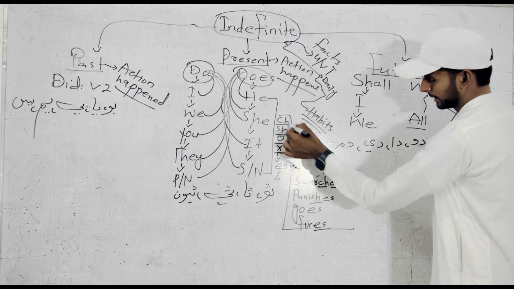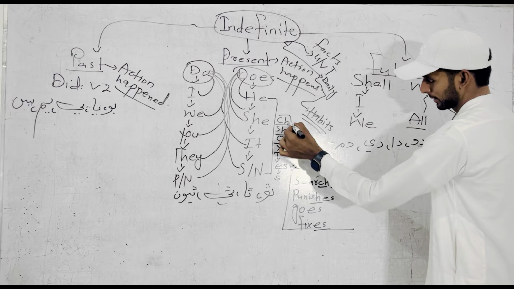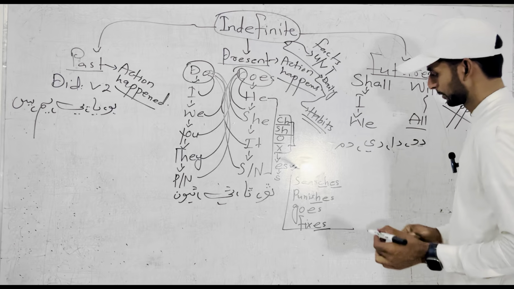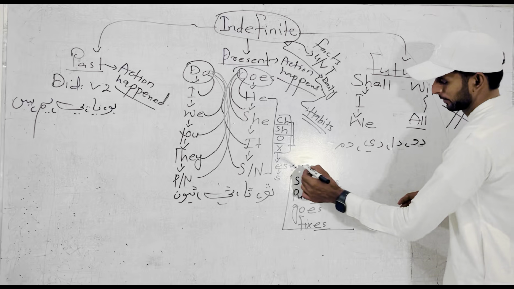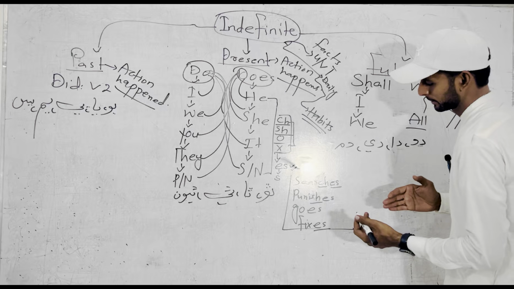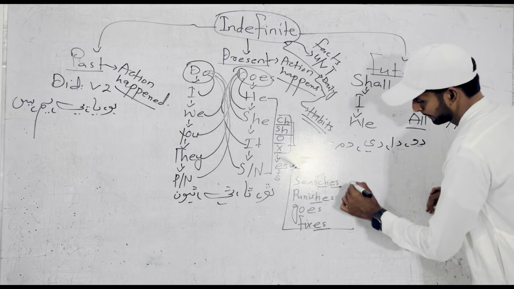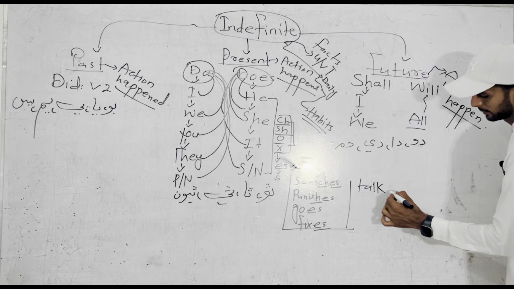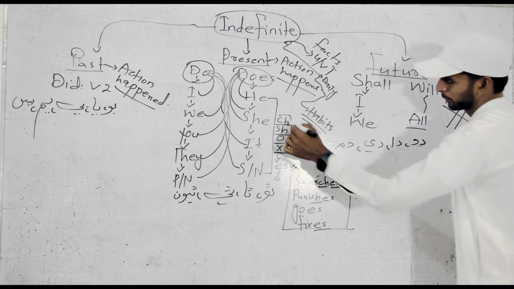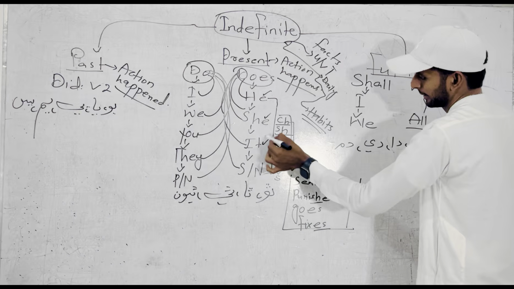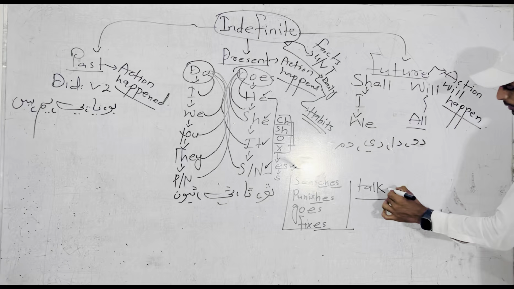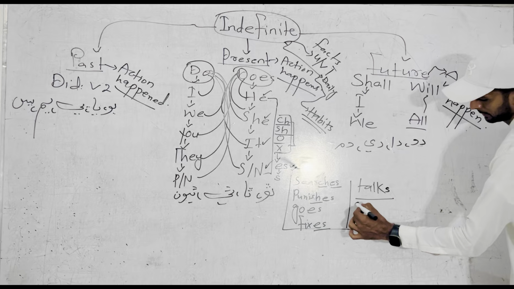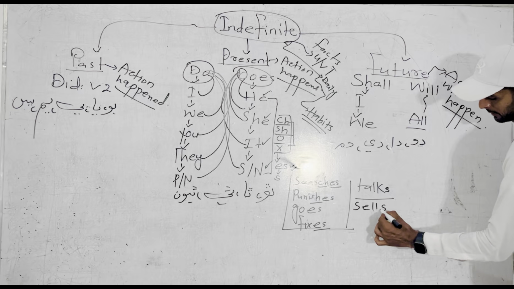Apart from these, for other verbs like talk, in an affirmative sentence, when we use it with he, she, it, or a singular noun, we will only put s. Sell, s.